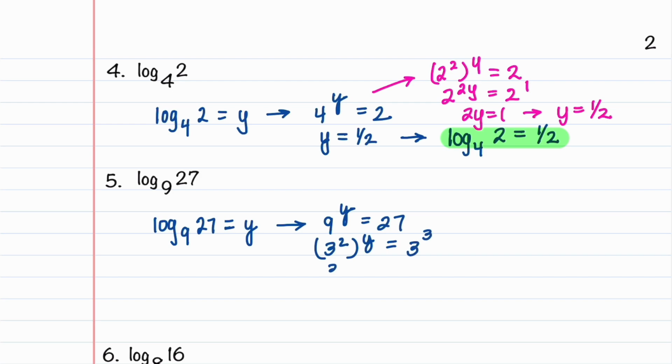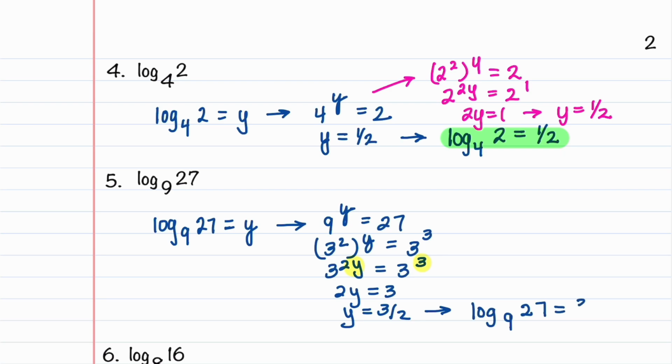So this is 3 to the 2y is equal to 3 cubed. We can then set our powers equal to each other. 2y is equal to 3, and that gives us y is equal to 3/2. Our answer is then log base 9 of 27 is equal to 3/2.